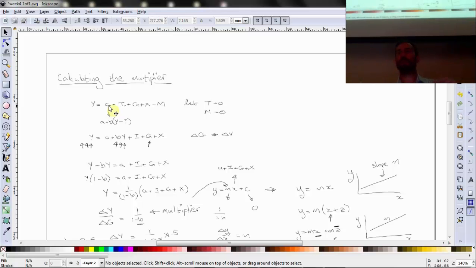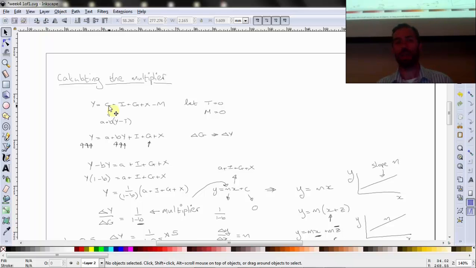In other words, instead of getting a full increase in Y, if your tax rate is 20%, for example, then the induced component only becomes 80% of that increase in Y, right? So the multiplier must be smaller because we're getting less income to spend because now we have to pay tax on it.